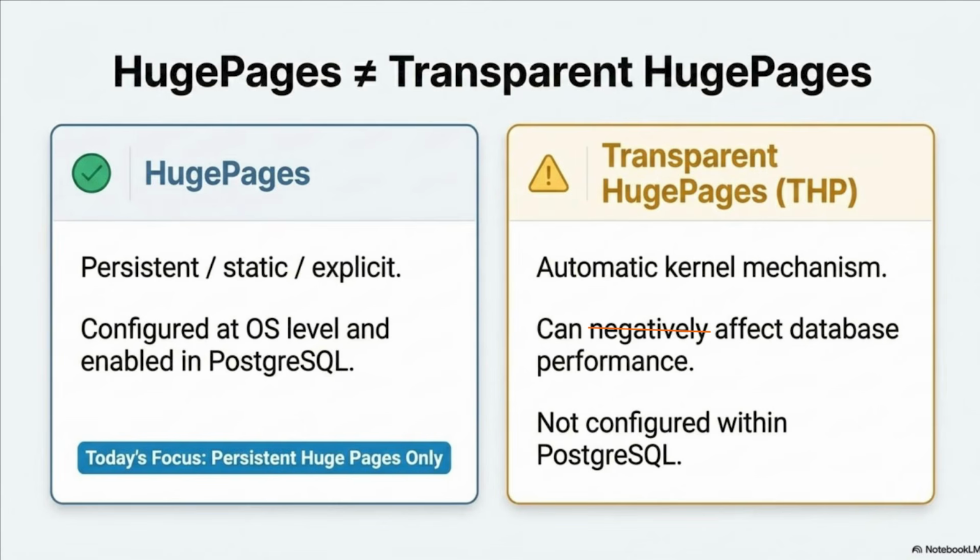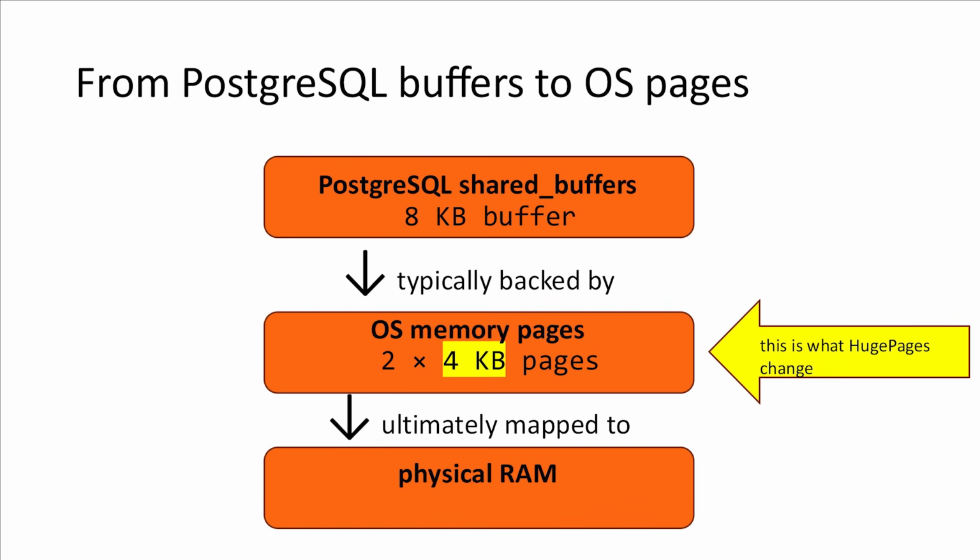These are an automatic kernel mechanism. We can discuss them negatively or positively; in the past it was mostly negatively, but I saw some new benchmarks. They can for sure affect database performance, and they are not configured in Postgres. So in this talk, when I say HugePages, I mean these persistent HugePages, okay? Not the transparent ones.